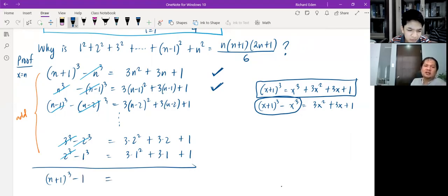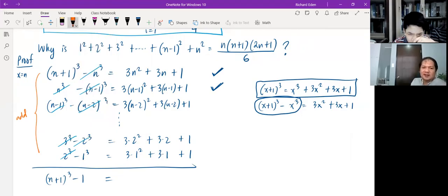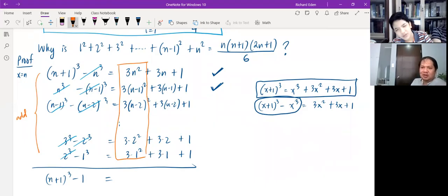Now here on the right side, let's look at adding everything in the first column. 3 times n squared plus 3 times the square of n minus 1, and so on. So see, all the terms are 3 times something. 3 times the what? The sum of all of the squares. Yeah.